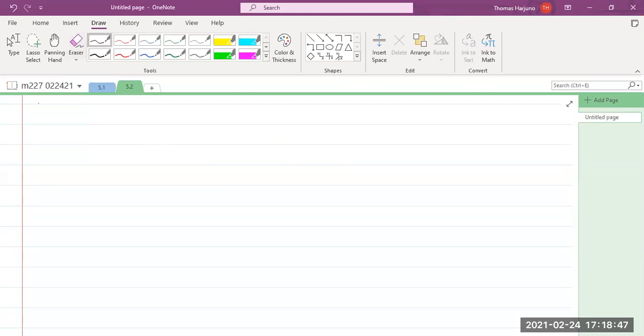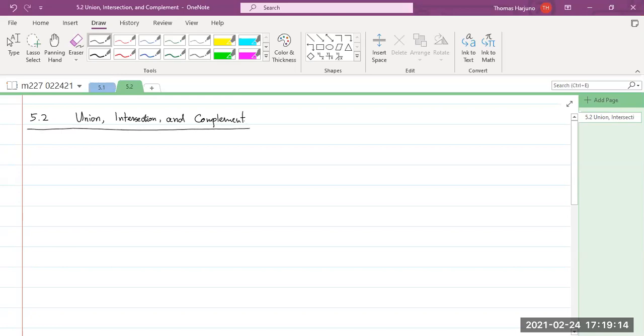Now, in this 5.2, we will learn about union, intersection, and complement. Okay, notation, which I believe I already mentioned in my lecture.